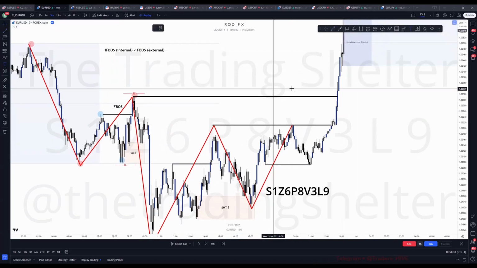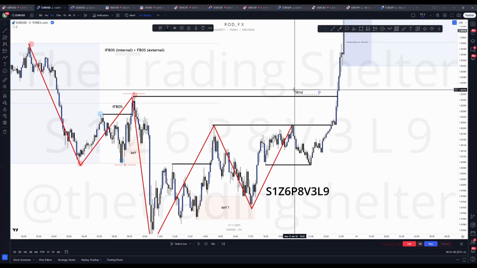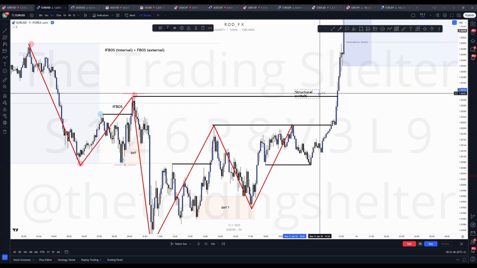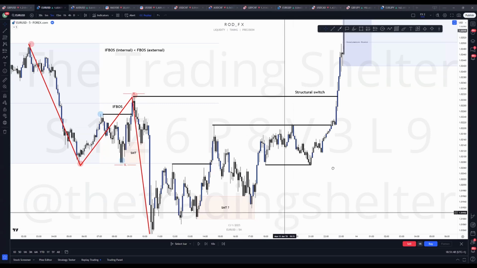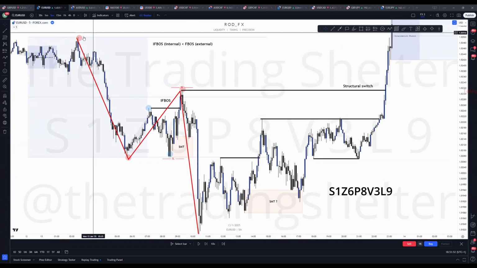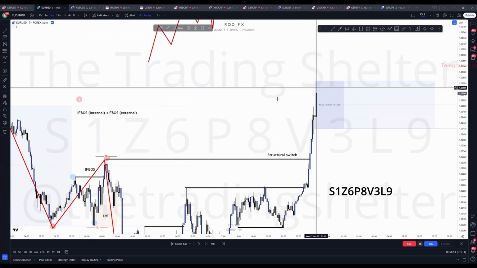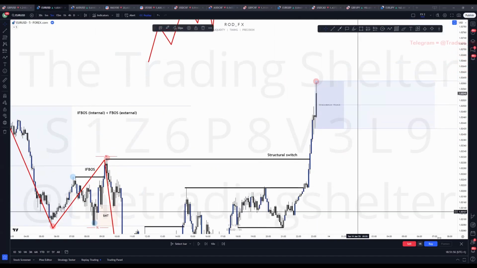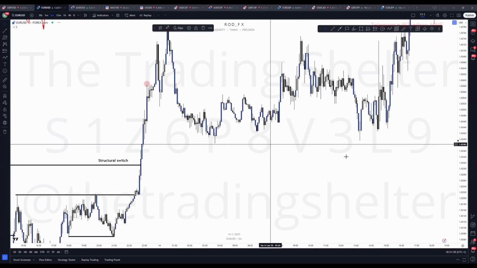So this is now a structural shift. Okay, so let's identify the colors. Oops, can I copy that red thing? Thank you. As of now, let me just erase all this.